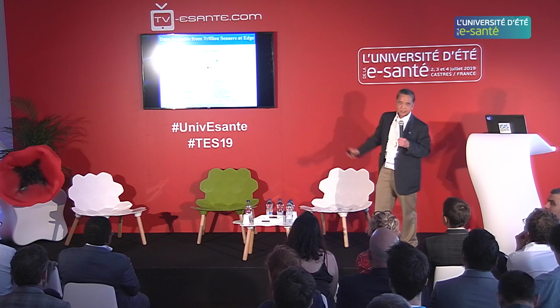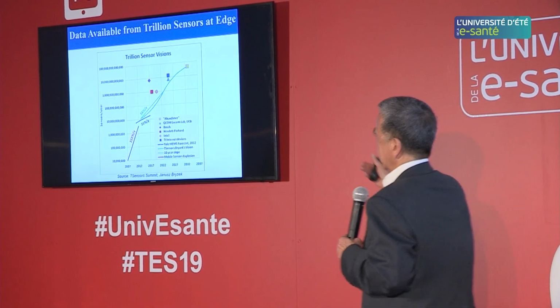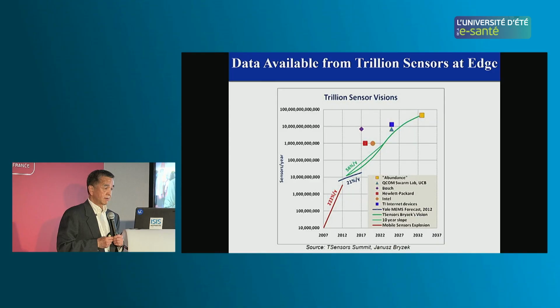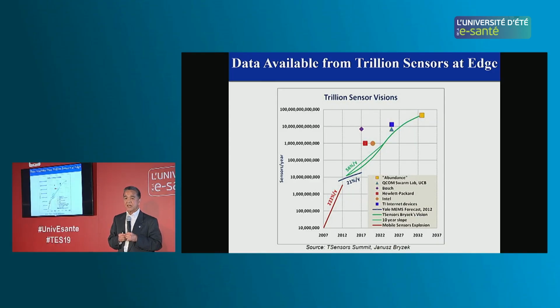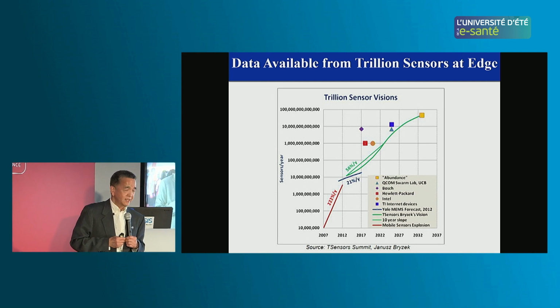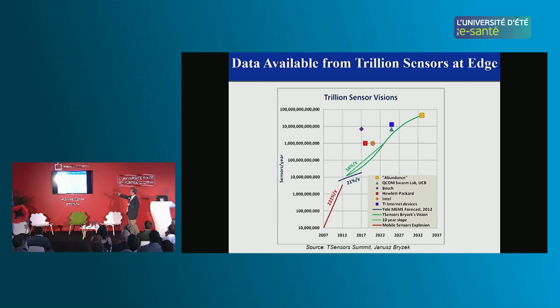When we look at the edge device, based on the projection by 2025, worldwide we will have about 10 trillion sensors. Right? So if those sensors generate data every 10 seconds, how many data points will you have every day? This is the world we are living in in terms of available information to us.